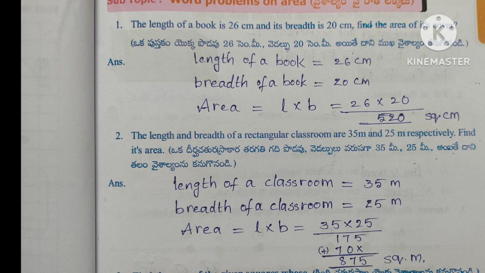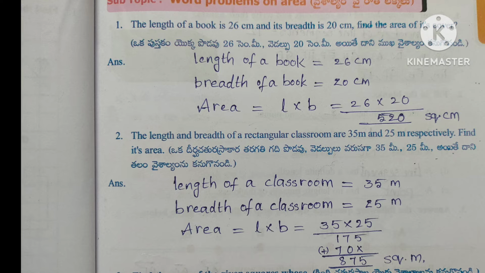Worksheet 15. Here word problems on area are given. First problem, the length of a book is 26 centimeters and its breadth is 20 centimeters. Find the area of its cover. Length of the book equals 26 centimeters and breadth equals 20 centimeters.